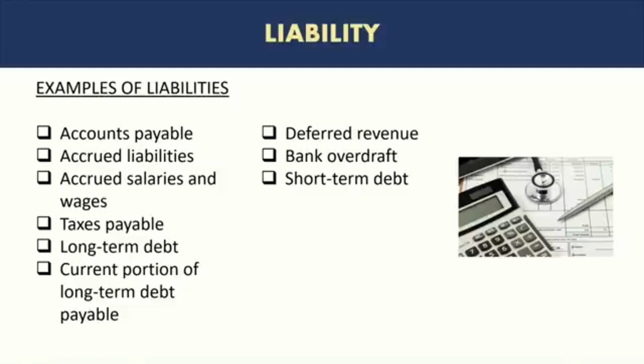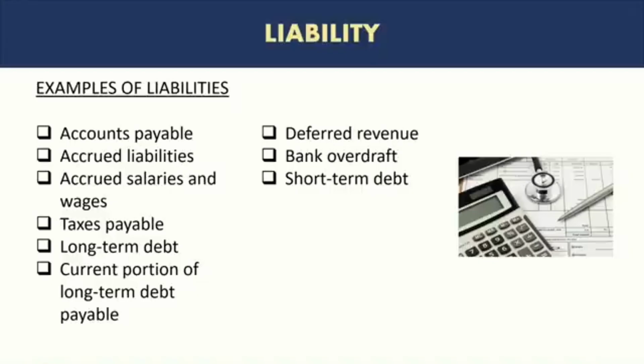The same applies for accrued salaries and wages. So a company may be paying its employees every 30 days or every month, could also be paying every week or every 2 weeks. But at the end of the month, if there are wages or salaries that have been incurred, so the employees have already done the work, but because the pay cycle is not there yet, the company has not paid.